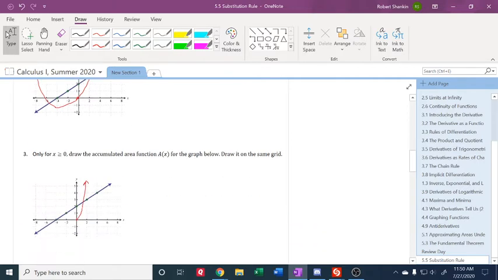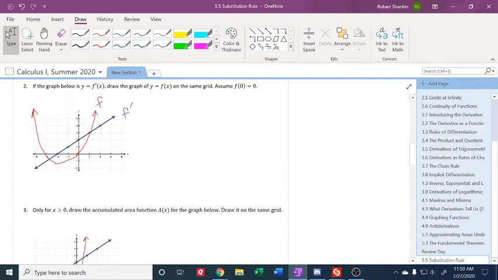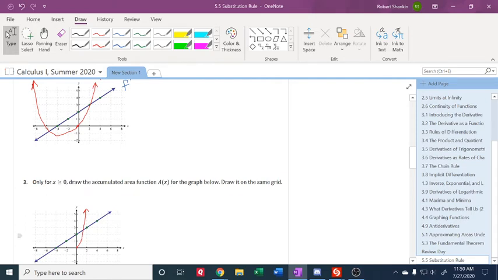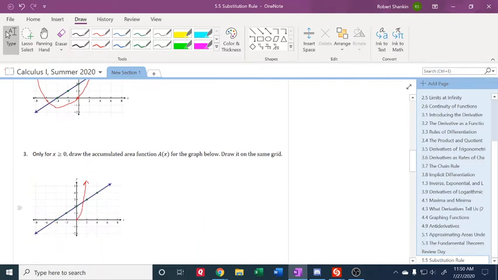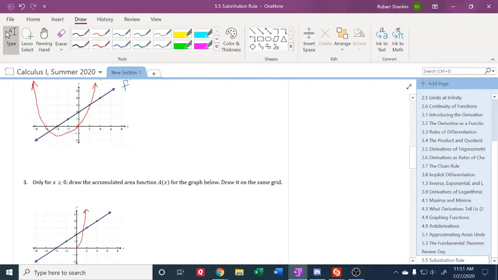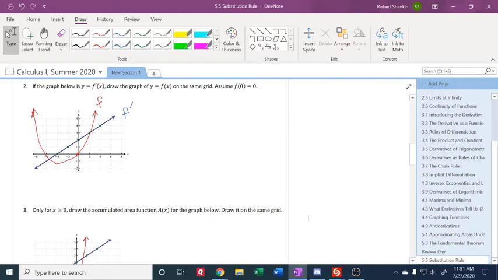If you have a function, you need to graph the accumulated area function. Accumulated area functions are antiderivatives of the original function. If we're above the x-axis, then you can really see this easily. It's a little bit tricky otherwise, but the main point I want to make is accumulated area functions, antiderivatives. Get those associated.